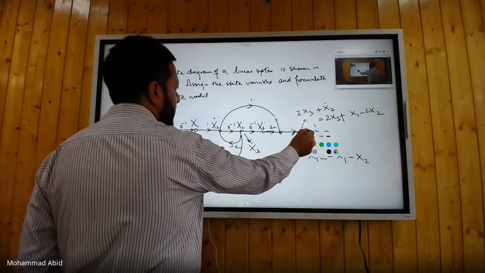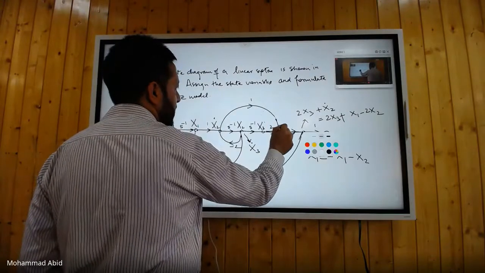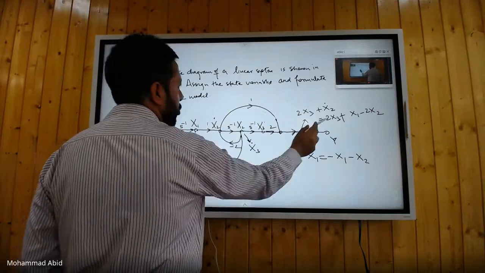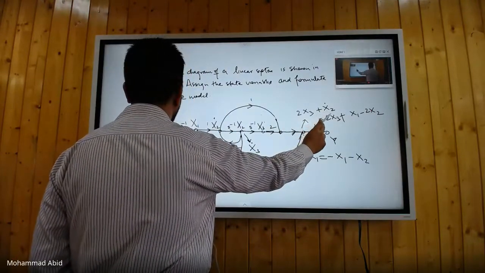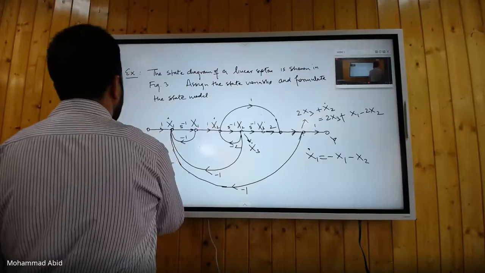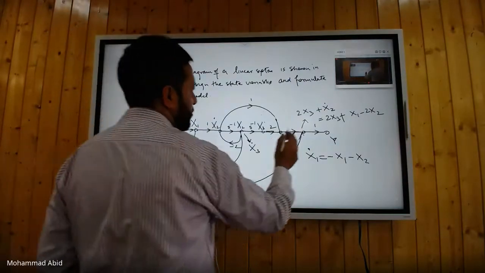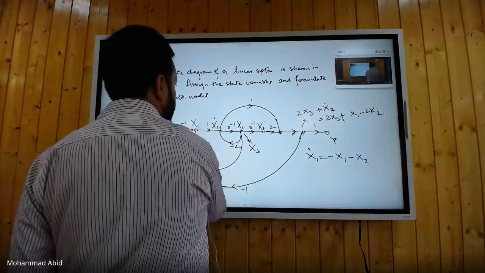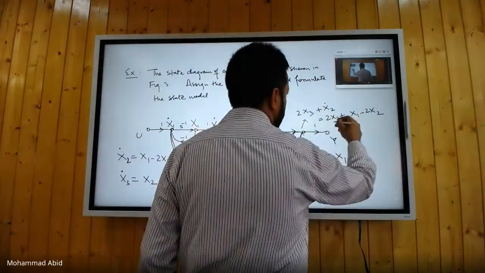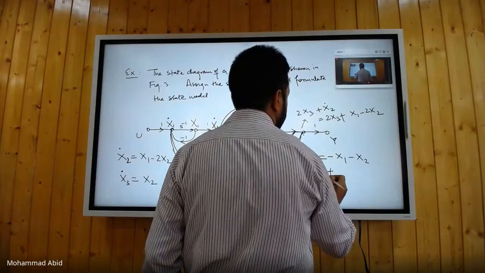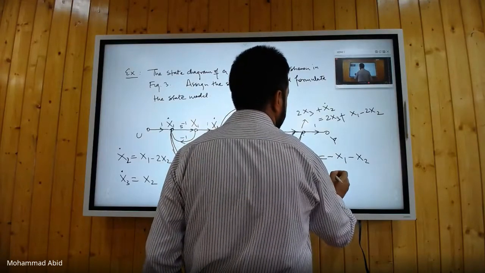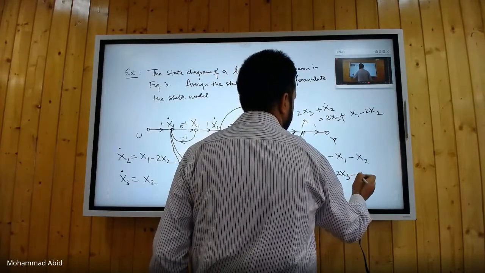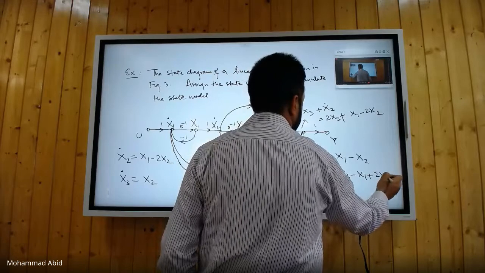So this particular signal is this signal plus this signal: 2 into x3 and then plus x2 dot. Are you following me? Yes, sir. x2 dot as per this equation is x1 minus 2x2. Now this signal is to be multiplied by minus 1 and added to it. So this will be minus 2x3 minus x1 plus 2x2. Is that okay?